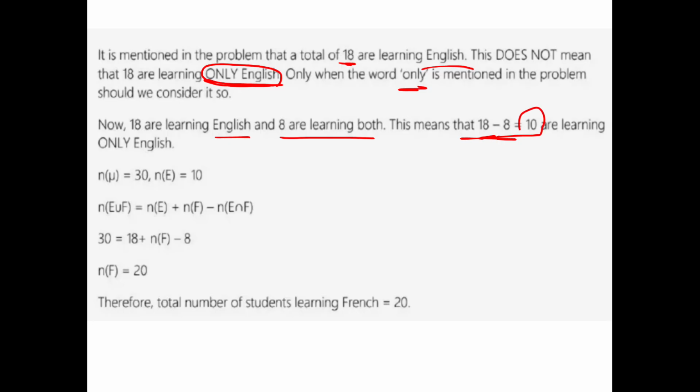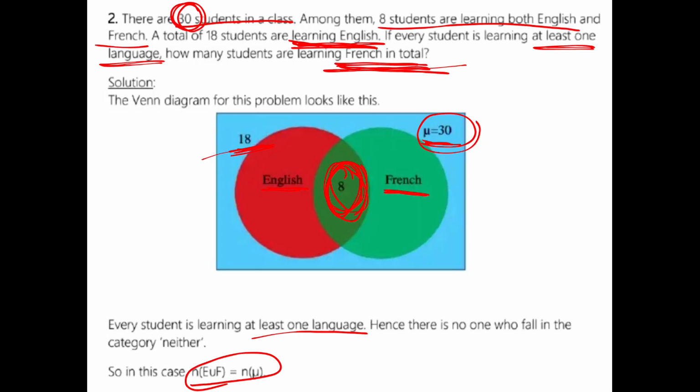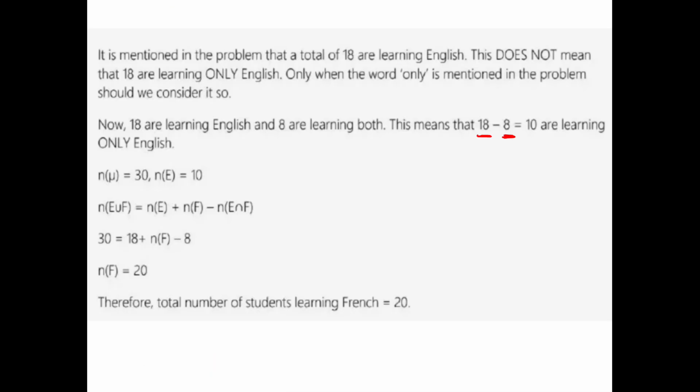Therefore, the number of students who are only learning English is 10. Again, we subtract 8, who are learning both English and French, from 18, who are learning English. So, 10 are learning only English.